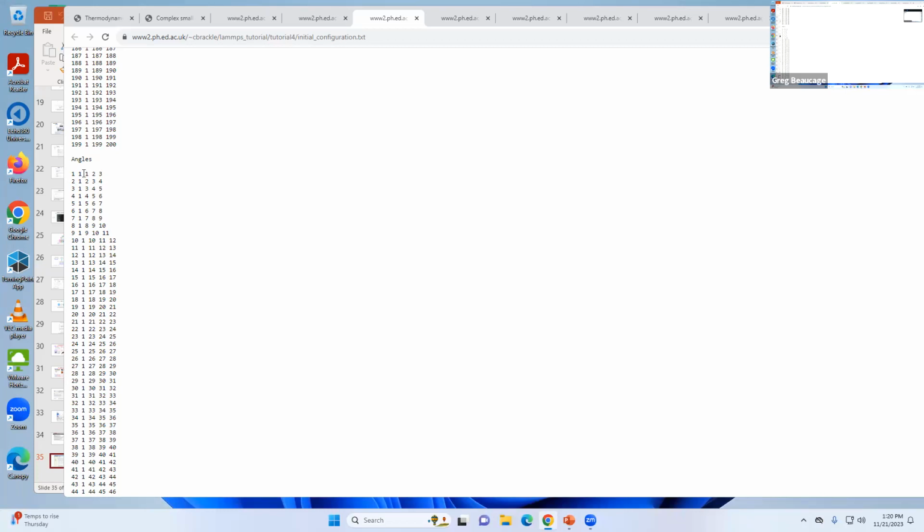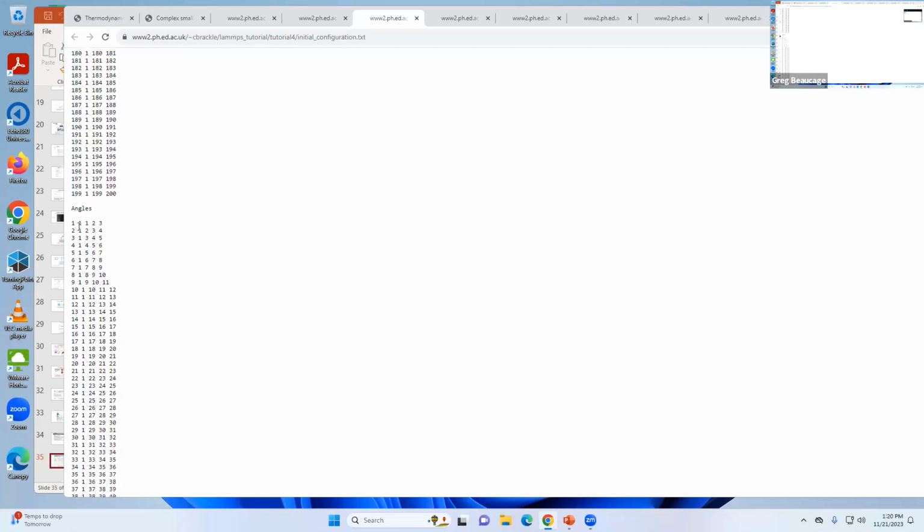The angles are between bonds, so 1 is bonded to 2, 2 is bonded to 3, and the angle is between the 1-2 bond and the 2-3 bond. It's an angle between the two bonds. We listed how many bonds. Is the angle fixed in this? Must be fixed.